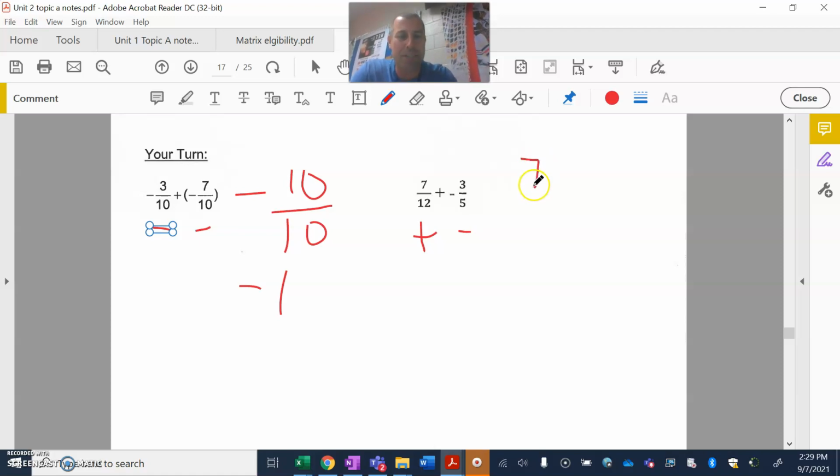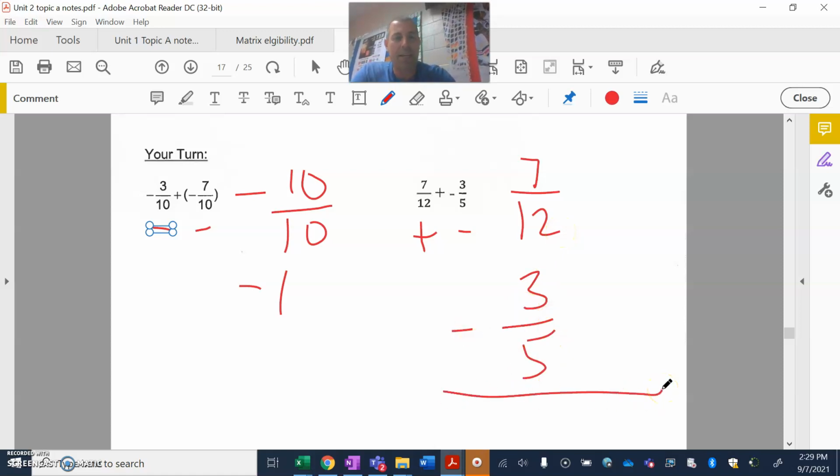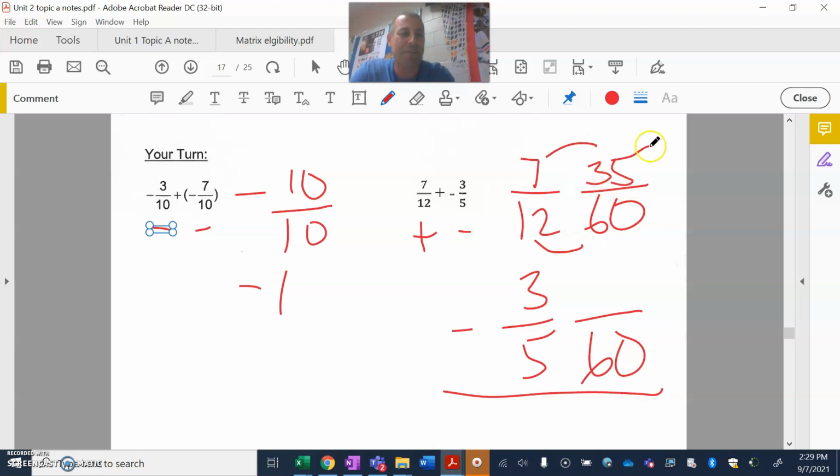So I'm going to go with the 7/12 and then the 3/5, and remember, we are subtracting. Common denominator, woo, 60. 12 times 5 is 60, so 7 times 5 is 35. 5 times 12 is 60, so 3 times 12 is 36.